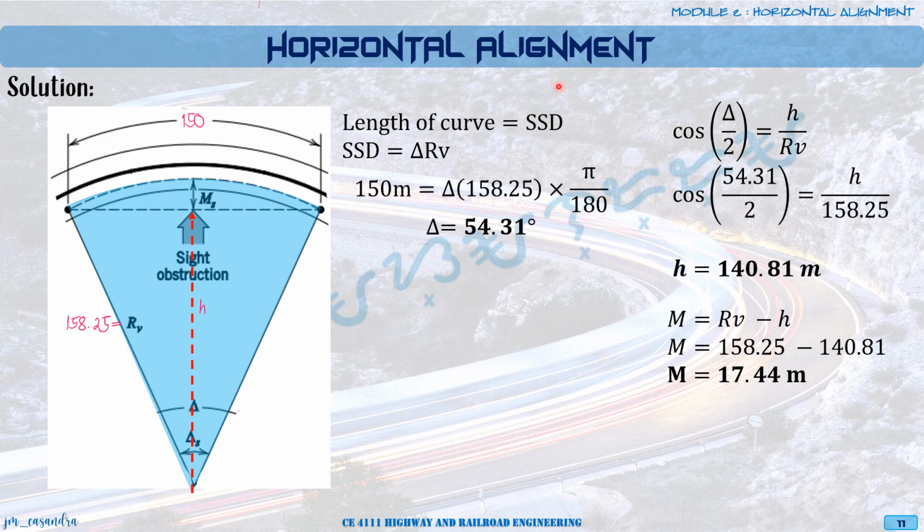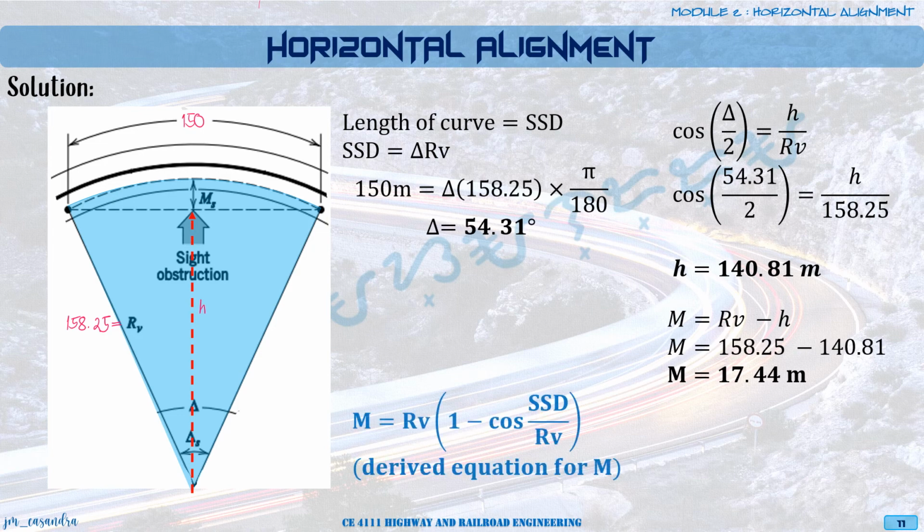Okay? So aside from this, we could also use our derived equation, the equation that I have given you a while ago for middle ordinate, combining now the central angle equation and or your length of curve equation. In this one, we can now solve.